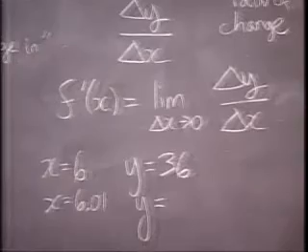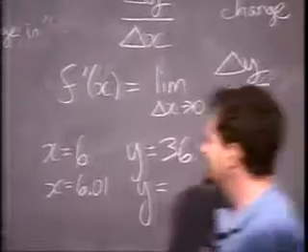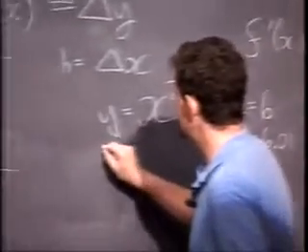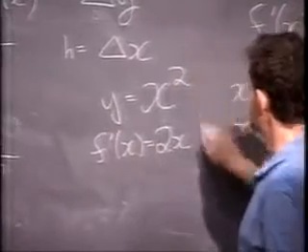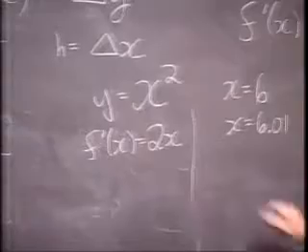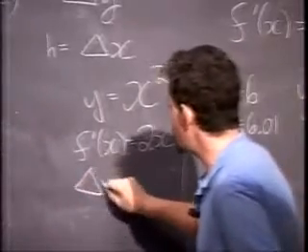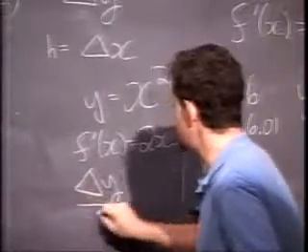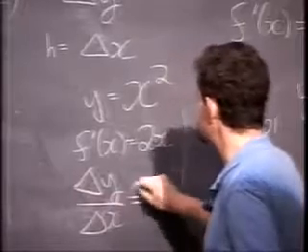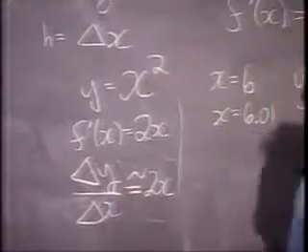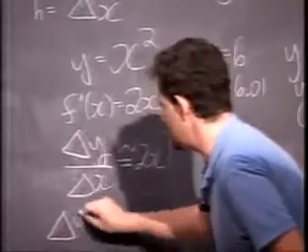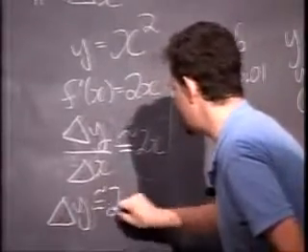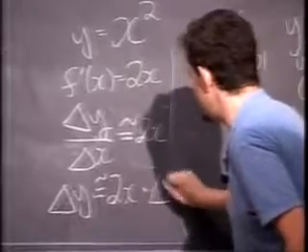Well, what's the bit? Well, according to this, the derivative, f prime of x, is 2x. And remember, that means that the change in y over the change in x should be approximately 2x. Or another way of looking at this is that the change in y should be approximately 2x times the change in x.